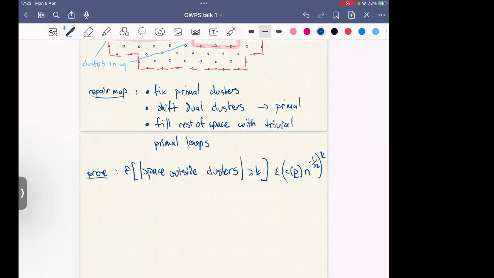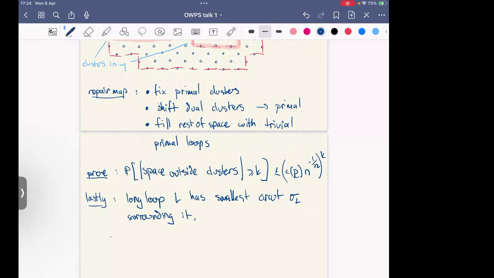Because imagine I have some long loop, then there is going to be some smallest circuit or garden which surrounds that loop. In particular, the long loop is not going to be contained in the clusters inside that loop. It's going to be in the space outside the clusters.